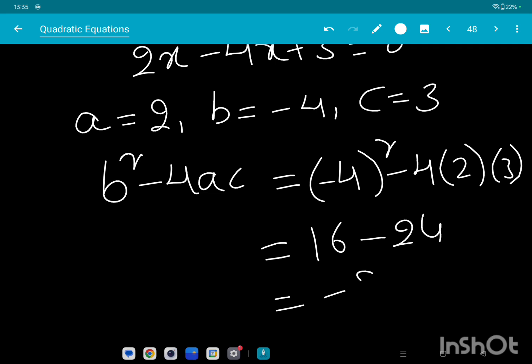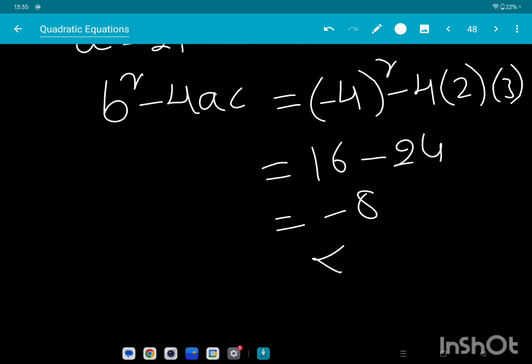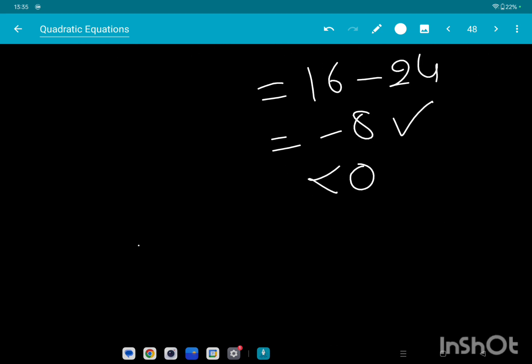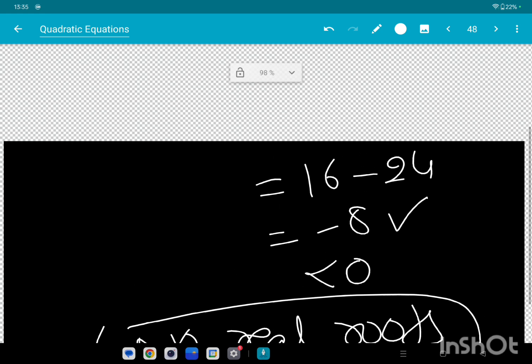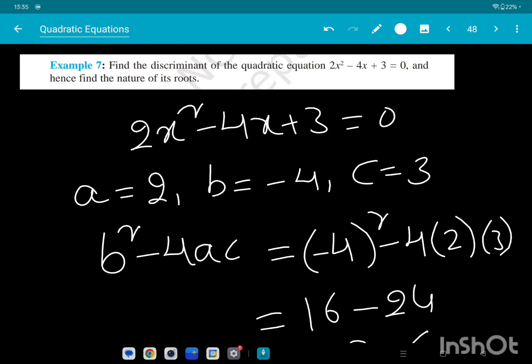Here we got minus 8. Minus 8 means less than 0, which is a negative number. So less than 0 means we have no real roots. This is the way we find the nature of the roots. And if they have real roots, then we need to find the roots as well. So I will tell you another question.